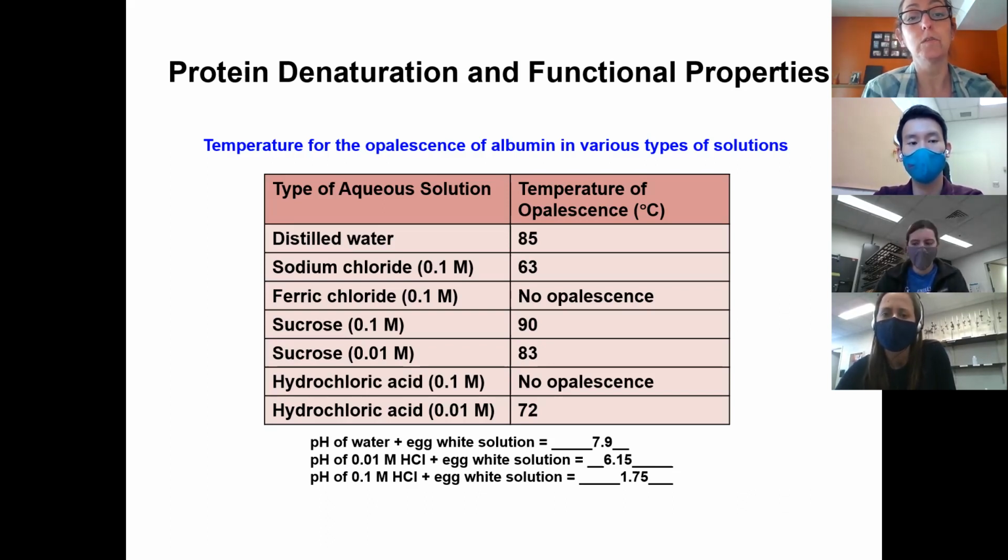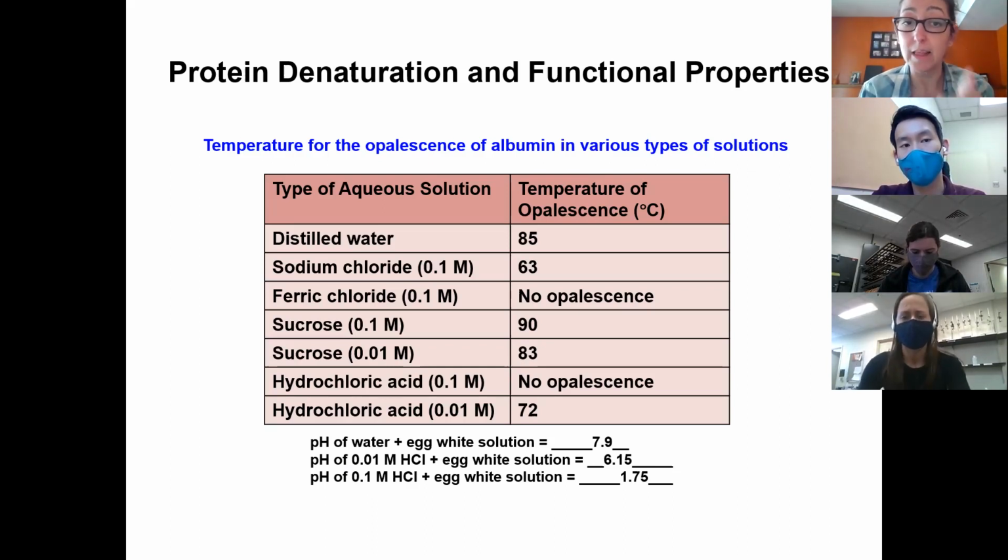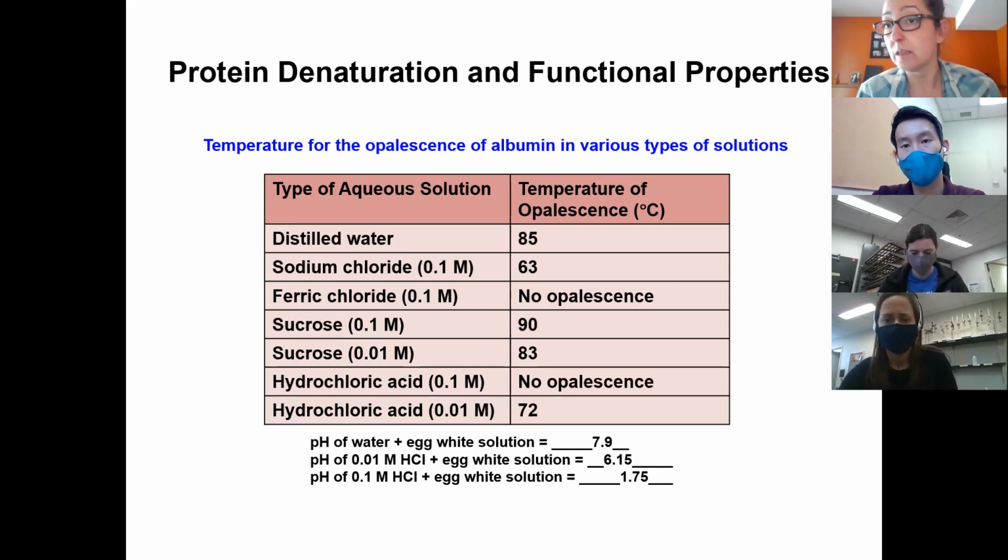But when we put sodium chloride at a particular concentration for that particular protein, again, every protein behaves differently with different salts. We did show on the other image that with sodium chloride, you get a higher denaturation temperature. But in this case, at that particular concentration, we actually reduced the temperature of denaturation. We reach opalescence sooner.